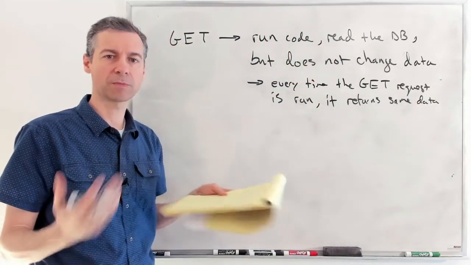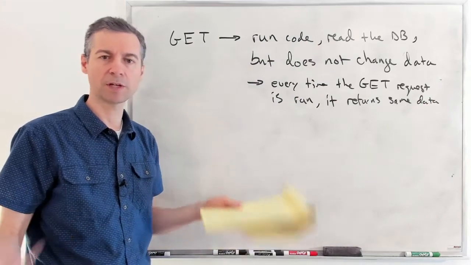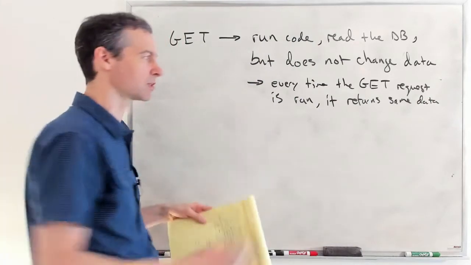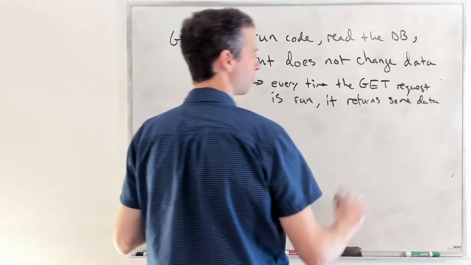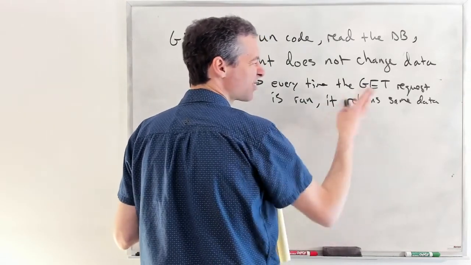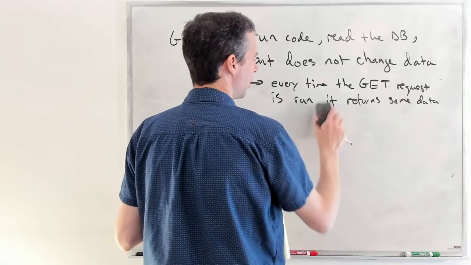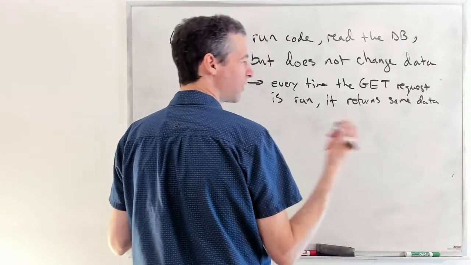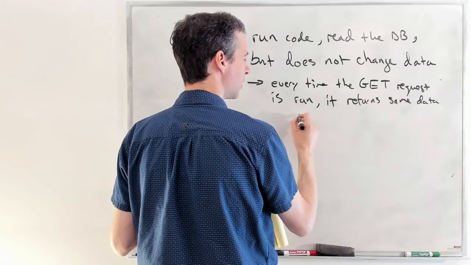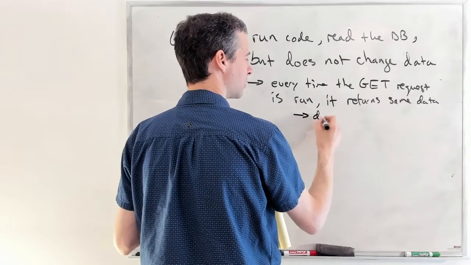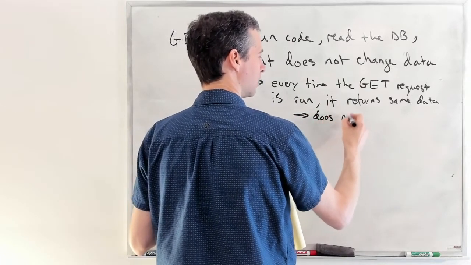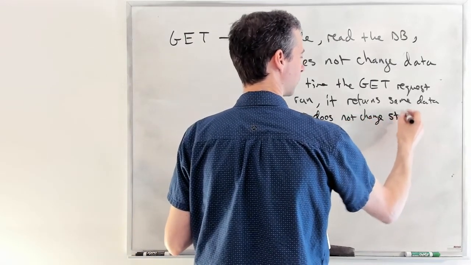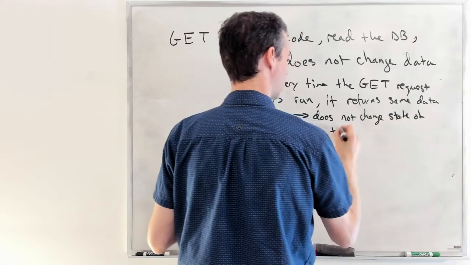Sure, the database state could be changing, the time could be changing, all sorts of things. Saying it returns the same data is probably not the right way to put it, but it is one way to think about it. The big thing is, it does not change the state of the system.